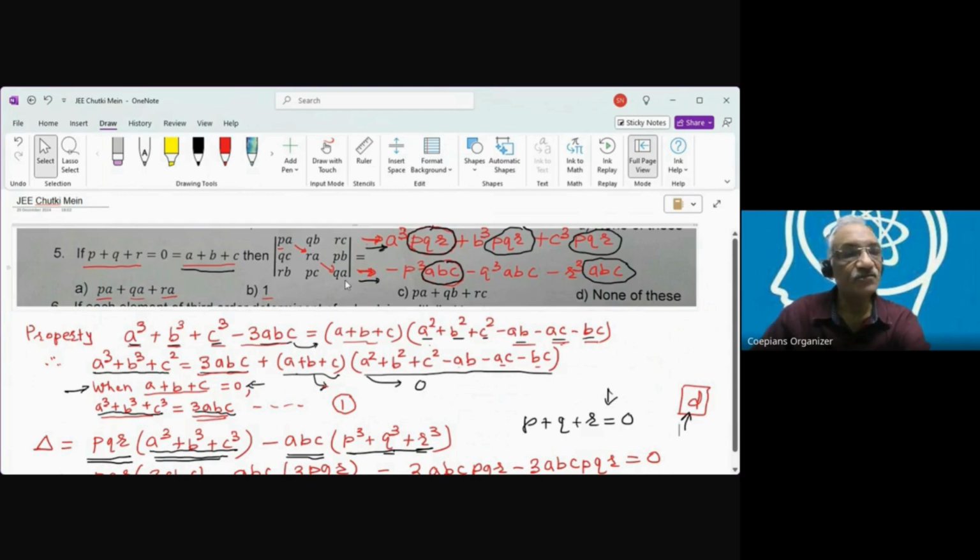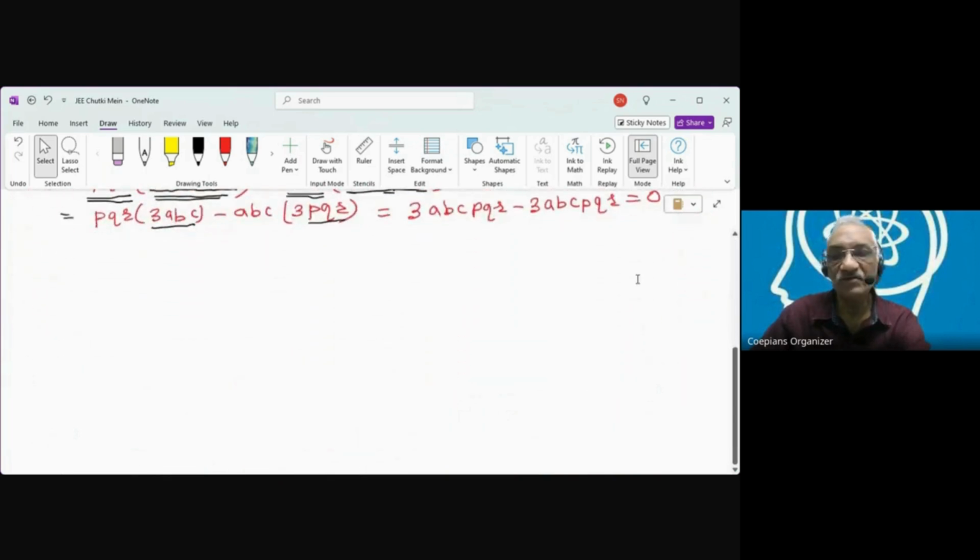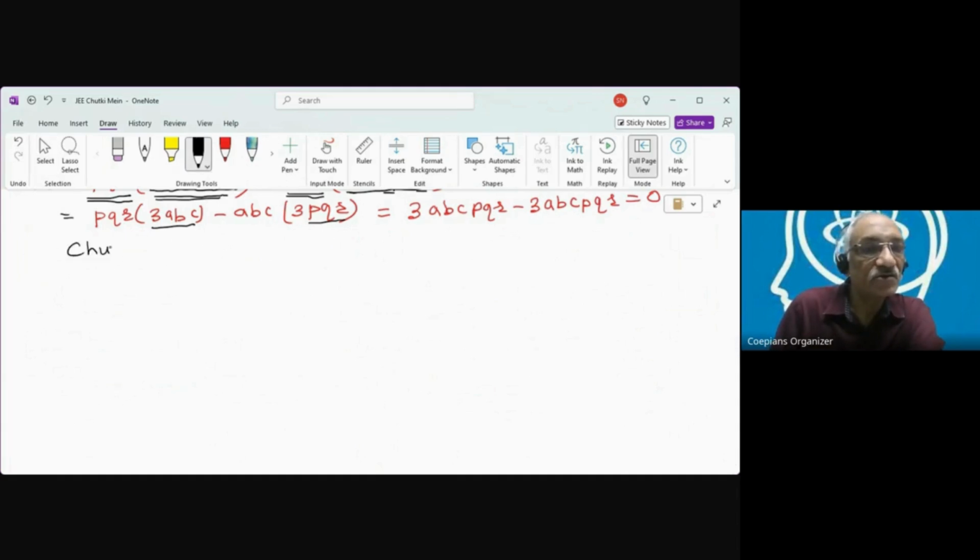For the Chutki wala solution, we simply don't get into finding the properties and all that.